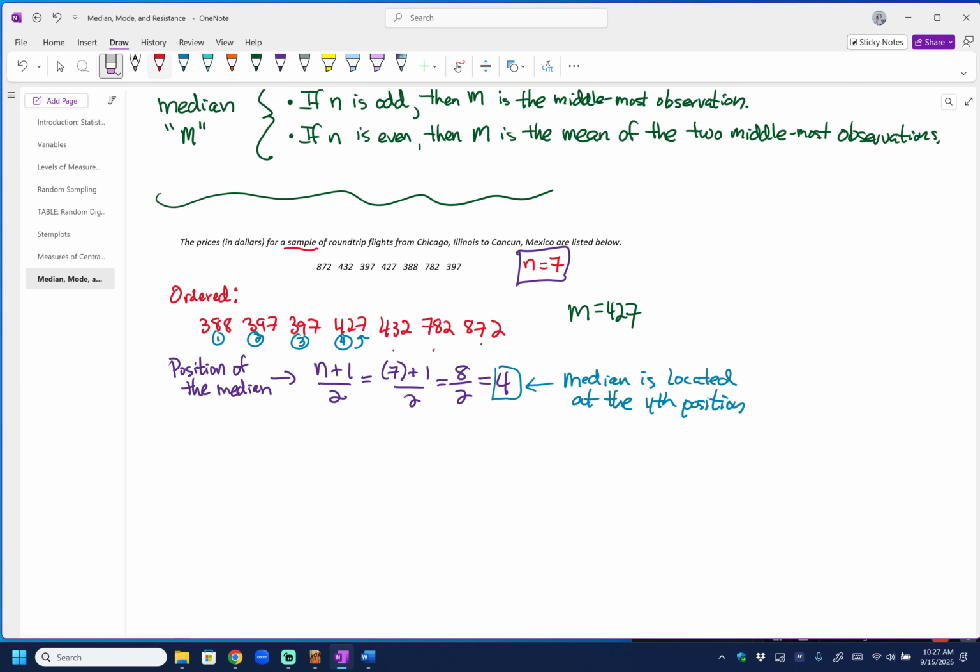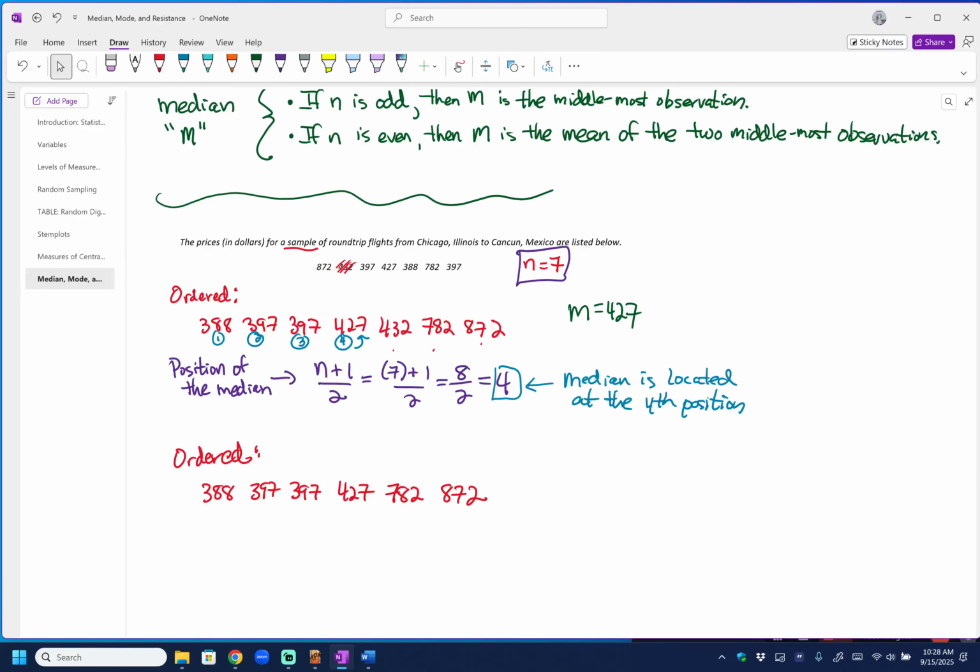So let's just say for argument's sake that 432 is removed from the data set. If we put the remaining ones in order, we are going to get, again, 388. We have the two 397s. We still have the 427, but the 432 is gone. So we're left with the 782 and the 872.